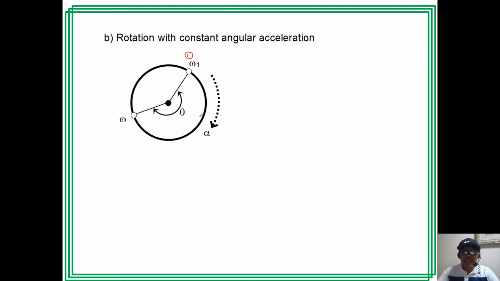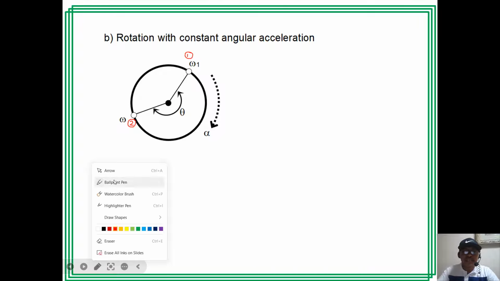Then it turns in a rotary or circular motion and reaches point 2. So it has traveled an angular distance theta, and since it has an acceleration alpha, there is a final velocity omega at point 2.